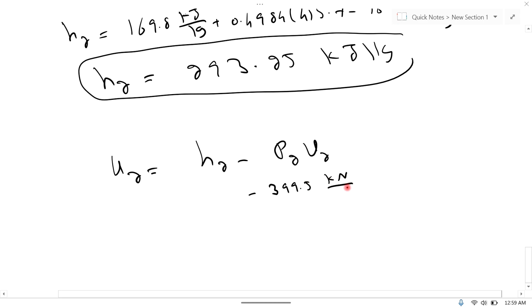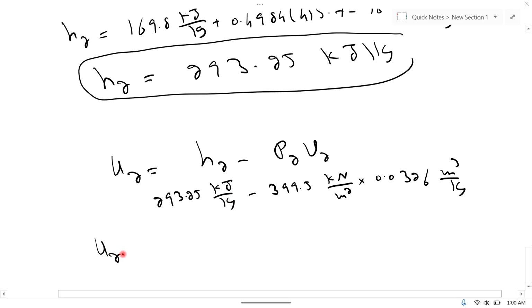Pascal is equal to Newton per square meter, and V2 is equal to 0.0326 meter cube per kg, and H2 is equal to 293.25 kilojoule per kilogram.